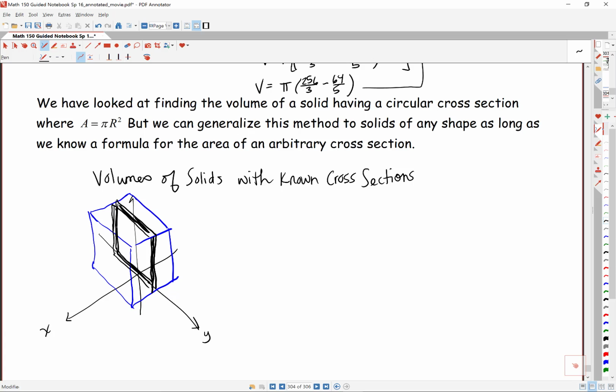Okay, so this is kind of like a cross section. I know, very simple. There's a really good visual in your book. So what's going to happen is this right here is going to be your delta x, okay?